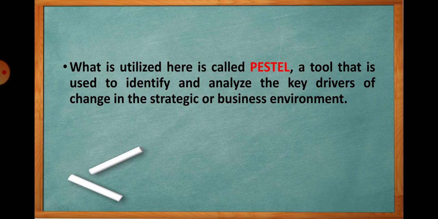So, after knowing your community, understand it further by engaging the actors within the different community sectors. While doing so, study the relationship between them and the current milieu of their sectors alongside their importance in and contribution to the community. What is utilized here is called PESTEL, a tool that is used to identify and analyze the key drivers of change in the strategic or business environment.